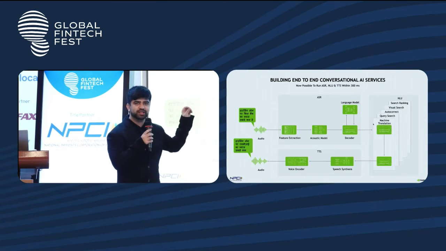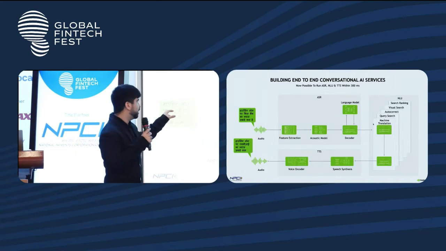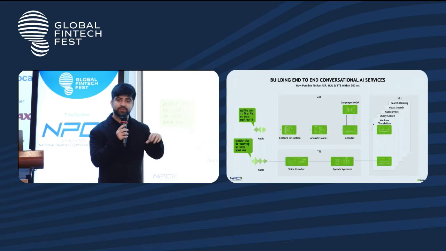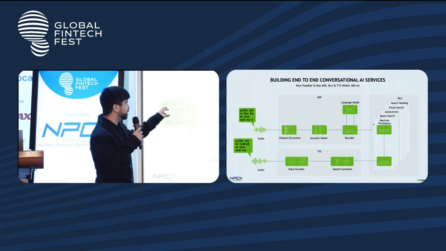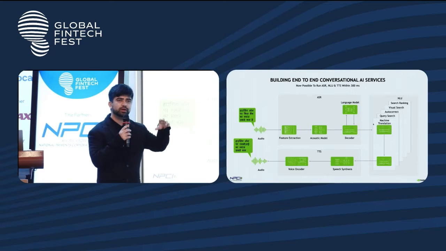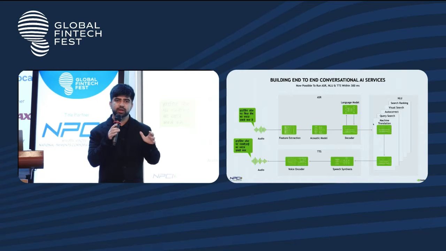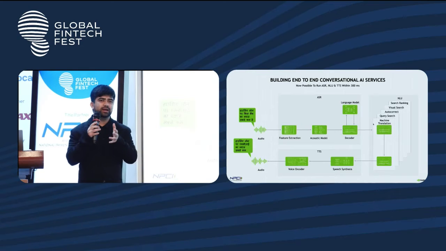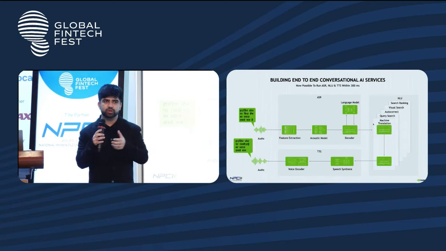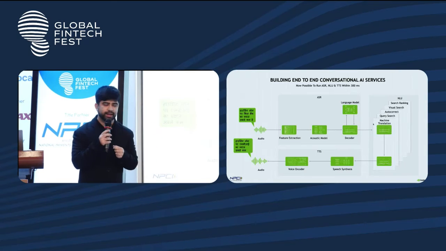A feature extractor converts these waveforms into something called MEL spectrograms, which are then fed to the acoustic model. The acoustic model is a specialized neural network that maps these MEL spectrogram feature sets into their corresponding textual output. So it's trying to map the phonetics with the corresponding text.